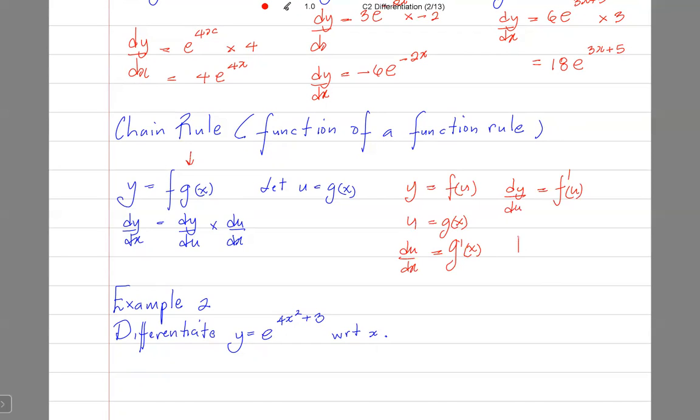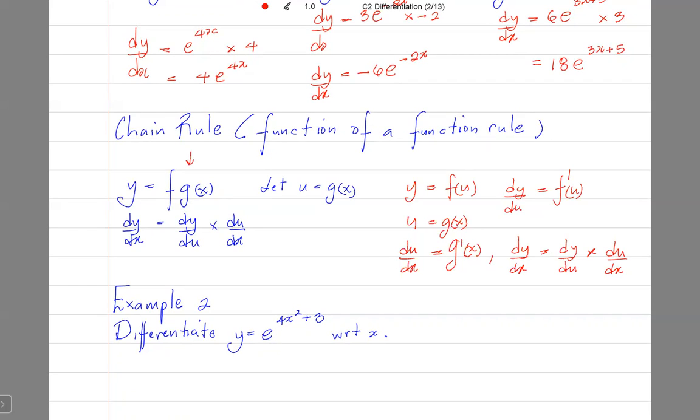Now, because I wasn't asked to find dy by du, I was asked to find dy by dx, dy by dx would be equal to dy by du multiplied by du by dx.